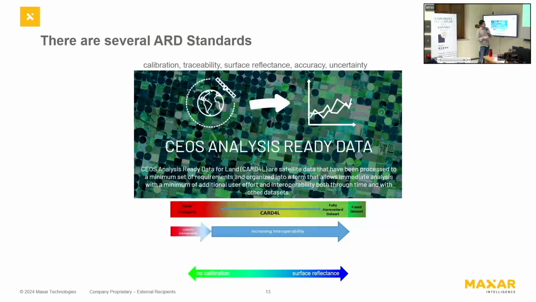On this side, you basically have no calibration. We talk about radiometric calibration, and if you have raw data, you don't have that. On the other side of an ARD protocol, we talk about using, for example, surface reflectance and having aligned data. So those are the two extremes, but I'll show you next how those two extremes don't really matter.